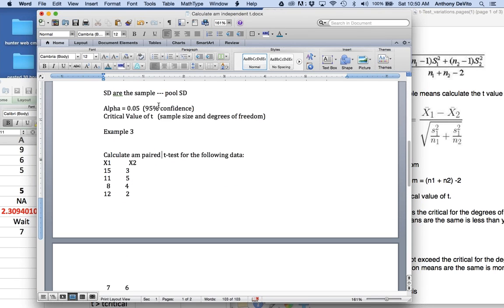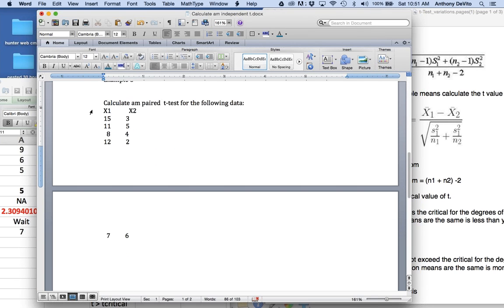Let's say I'm looking at values that were determined for a test subject before an intervention and after an intervention. Maybe these are scores on some sort of test of the effects of some drug.